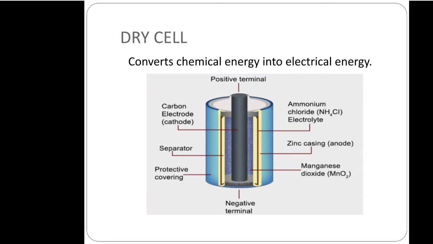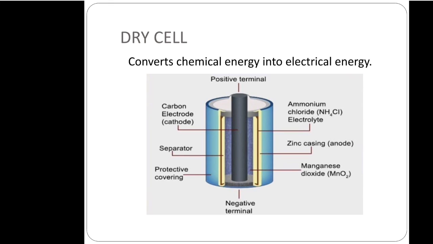You see the dry cell consists of a hollow cylindrical container made up of zinc that acts as the negative terminal of the cell. Then the carbon rod. You could see here in the picture which one is the carbon rod. The carbon rod at the center acts as the positive terminal, and ammonium chloride paste is used as the electrolyte.